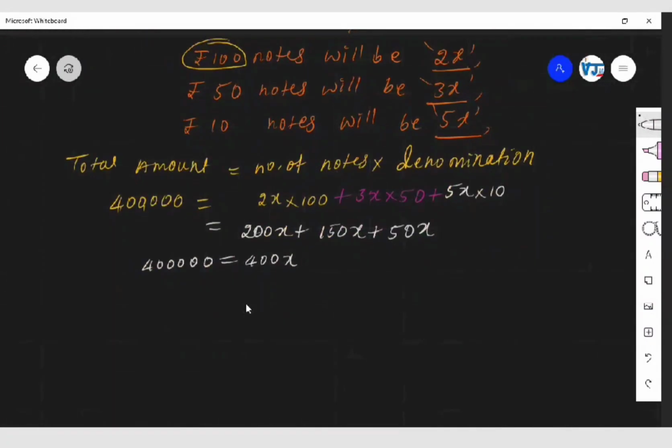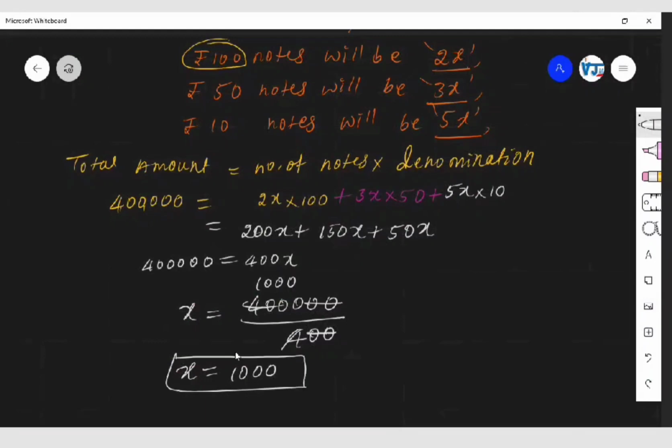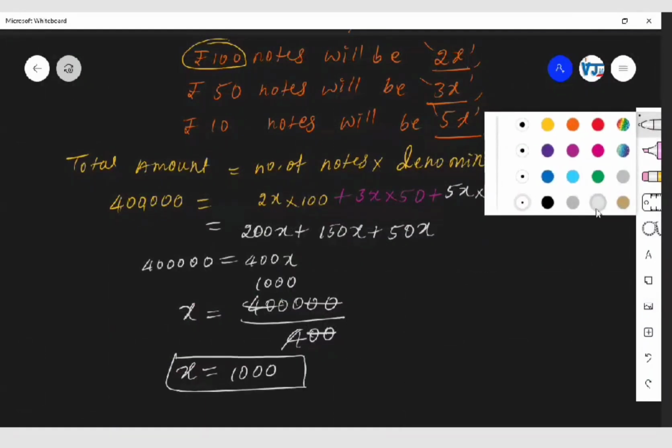Yes, then x is equal to 4 lakh divided by 400. 0 0 cancelled. 4 ones are 4. Then x is equal to 1000. The x value is 1000. But the question is, find the number of notes.